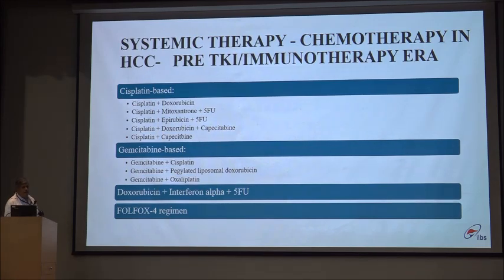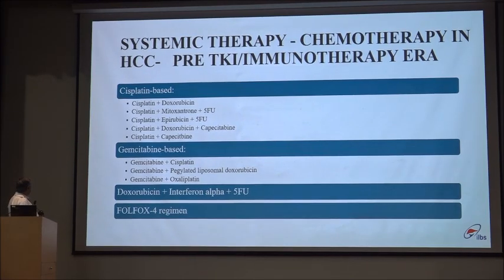When I was a student, no specific chemotherapy was advised in HCC, but these are a few drugs which were used after 84, 85: cisplatin and doxorubicin, cisplatin with methotrexate and 5-FU, cisplatin with epirubicin plus 5-FU, cisplatin plus doxorubicin plus capecitabine, cisplatin with capecitabine.